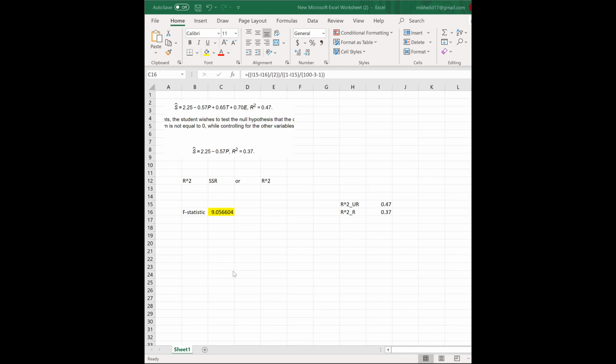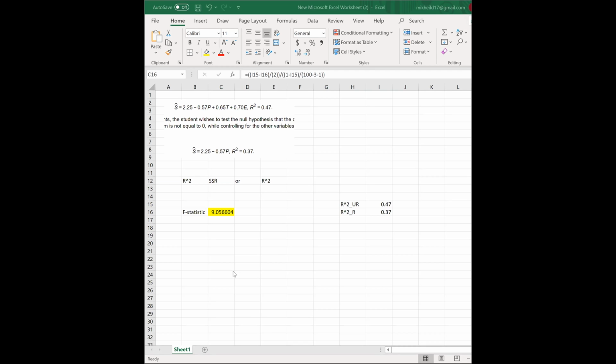Excel gives more precise values, but Pearson takes the values that we have in the tables. So you have to see the numbers for the F criticals in the tables. And that's where, as you said, we need to know the degrees of freedom.